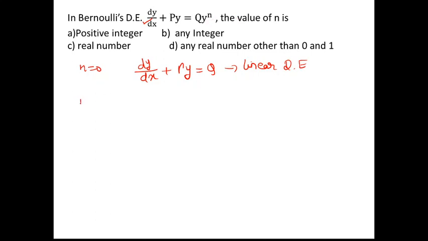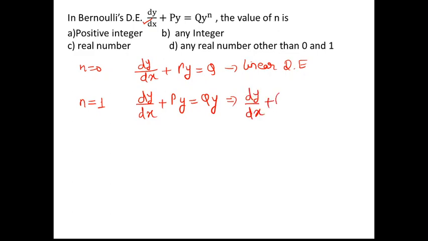Now let's see what will happen if we have n equal to 1. So if I put n is equal to 1, then what does this give you? This gives you dy by dx plus py equal to q y power 1. Now we can rewrite this by collecting the terms of y.